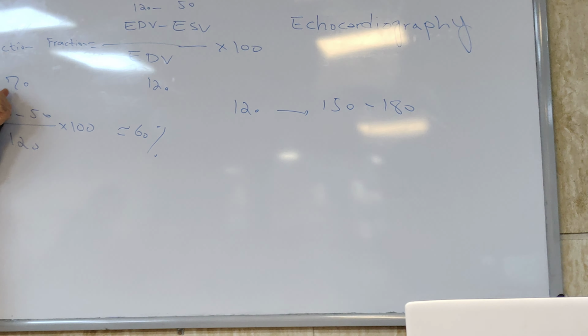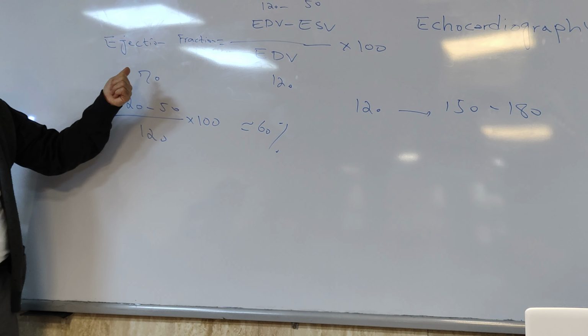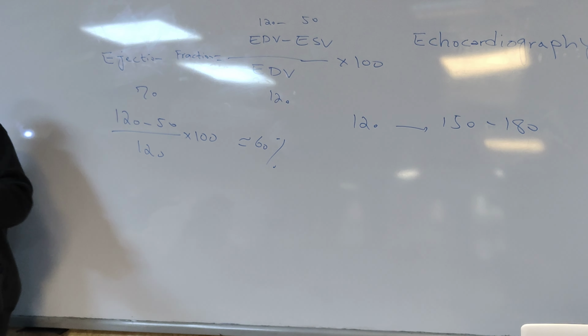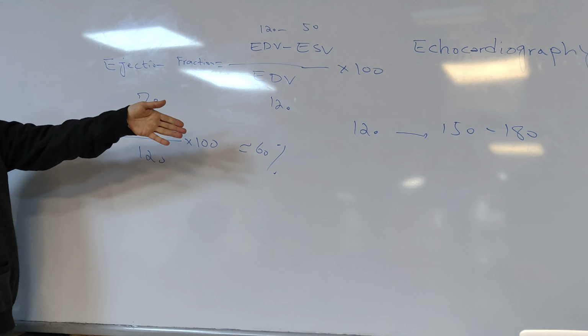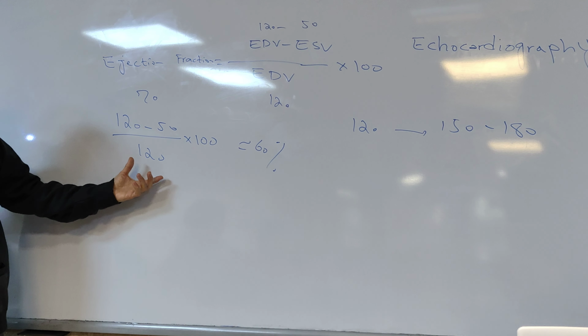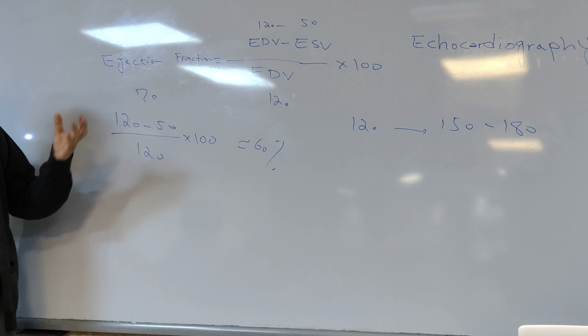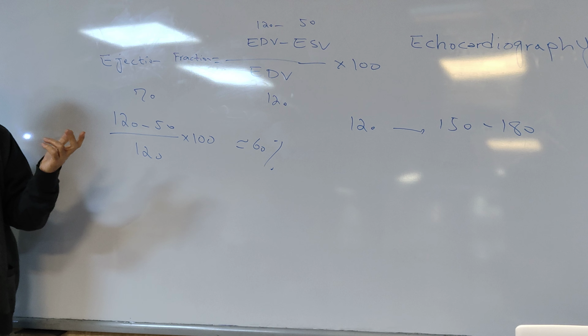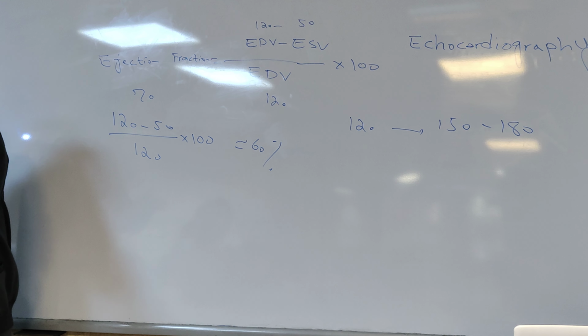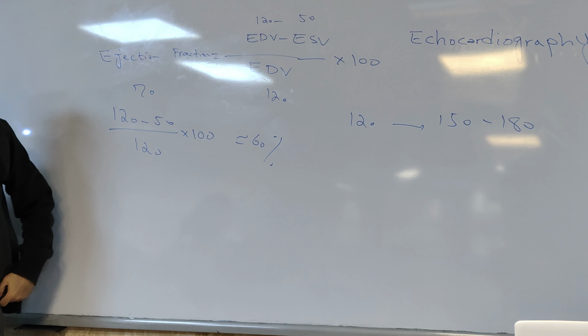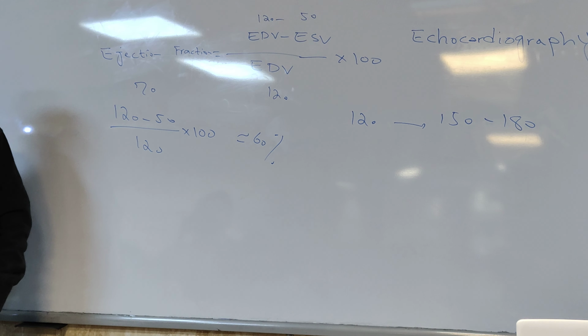But 180 is when we are not at rest, it is at strenuous exercise. So you can increase that fraction. This fraction actually shows you the contractility. And this ejection fraction is normally used in the clinics to compare the cardiac contractility.